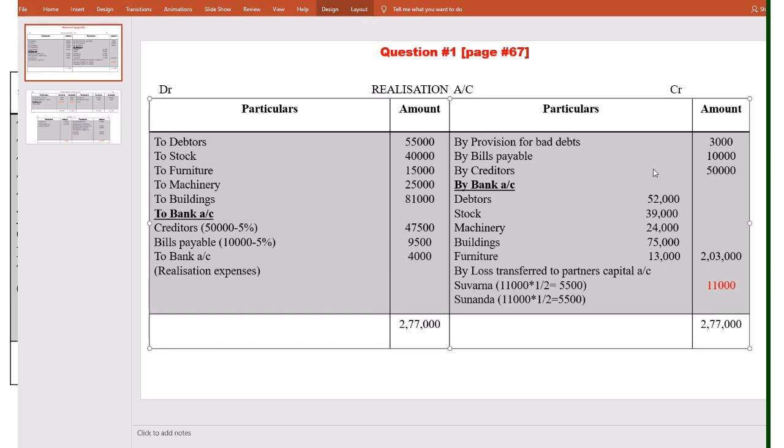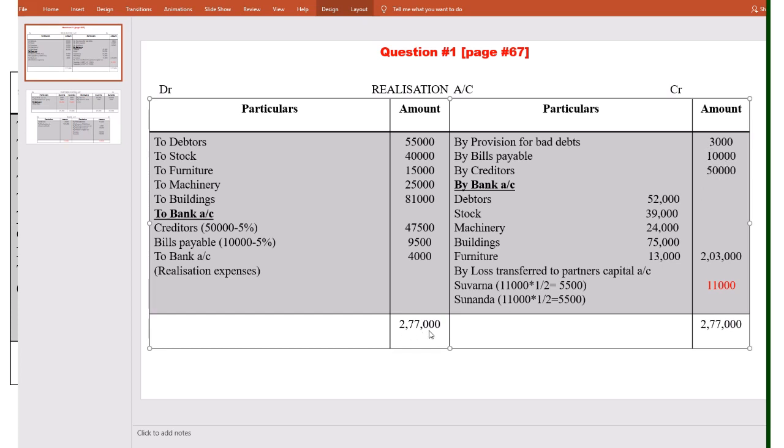Now we are going to do the balancing figure. Both the sides you have to total. So in this problem you are getting the debit side more and the credit side less.